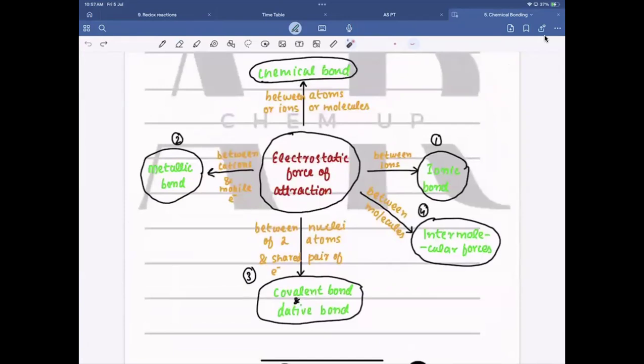No, for 2 atoms as well, or more than 2 atoms as well. 2 or more than 2 atoms. Okay. One minute, please. Yes, sir.